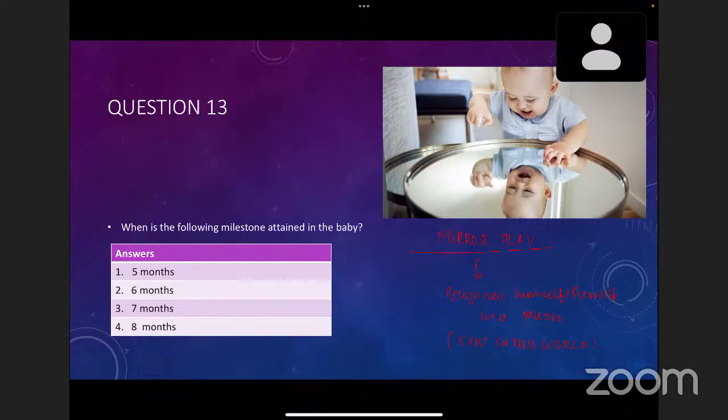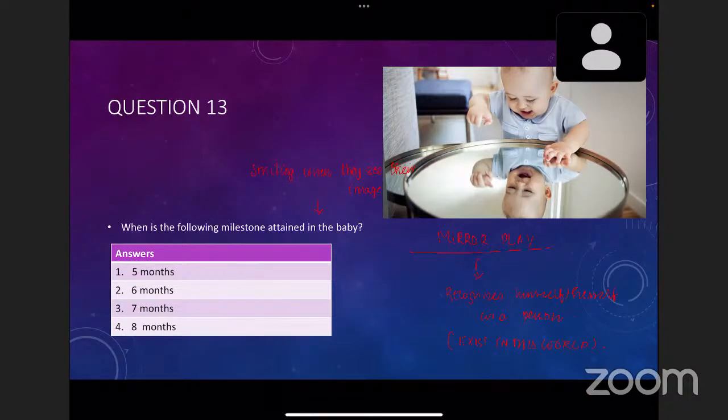This mirror, first they always smile when they see the image. They see their image, right? And then what happened?